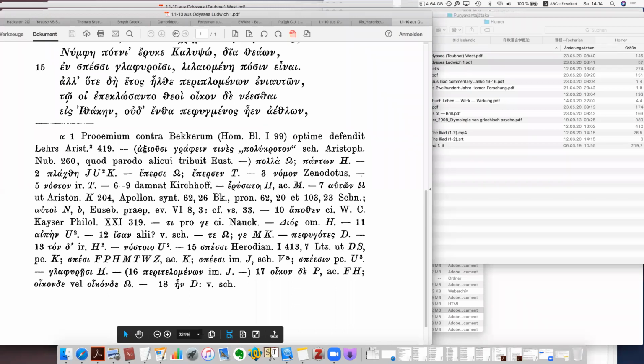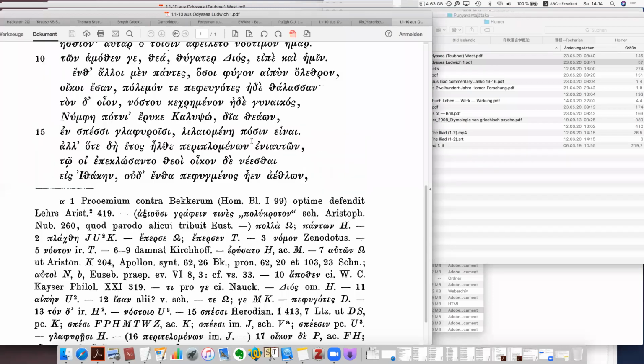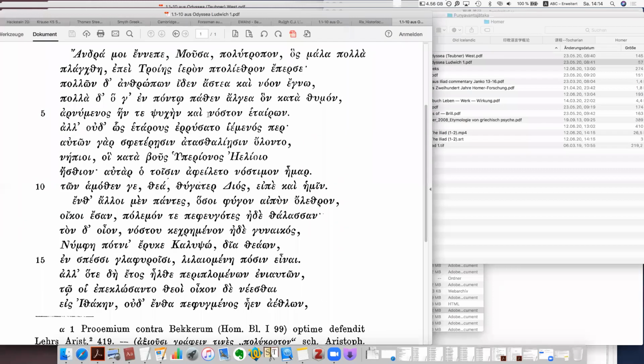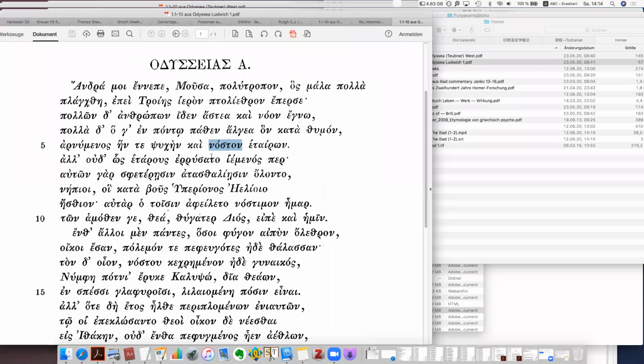In his edition, you would find a lot of information about manuscript readings. This is actually the central theme of the Odyssey, and you find it already in the 5th line: nostos.